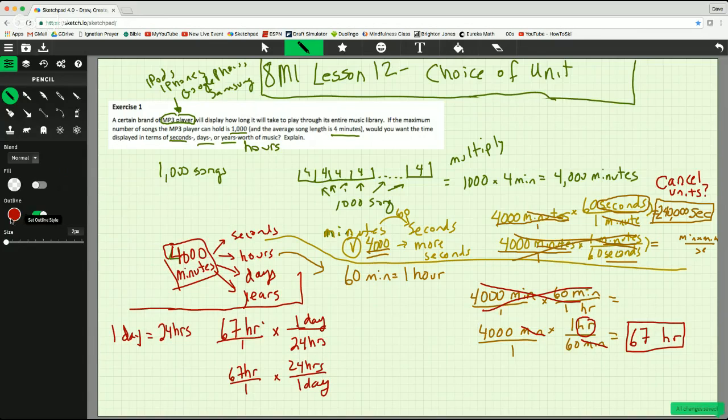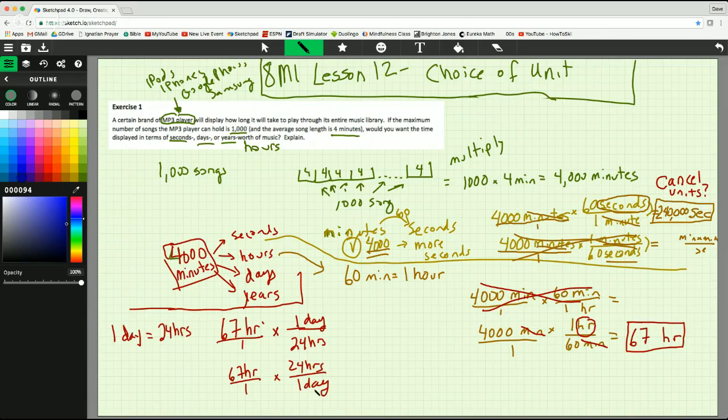And tell me, which one of these can I cancel? Well, this top one is the right answer, because we have hours on top and hours on the bottom. So our answer is going to be 67 divided by 24, and that's going to be in terms of days.